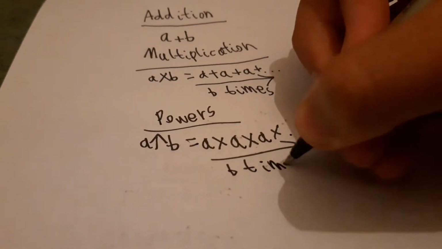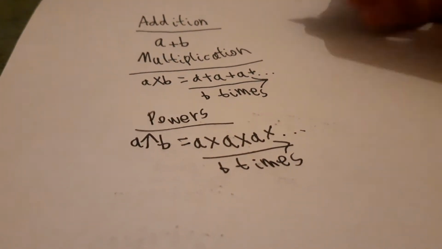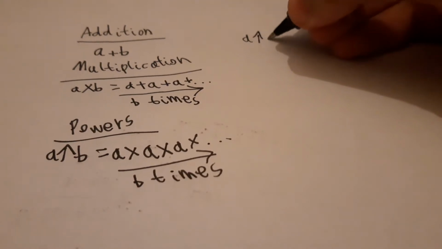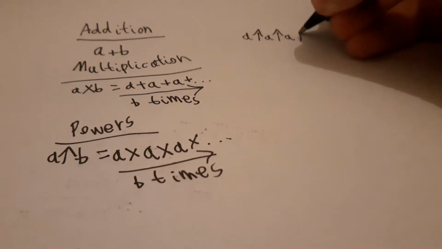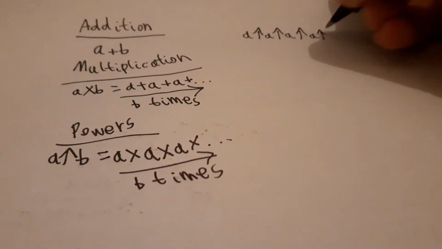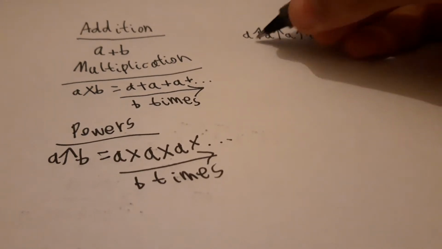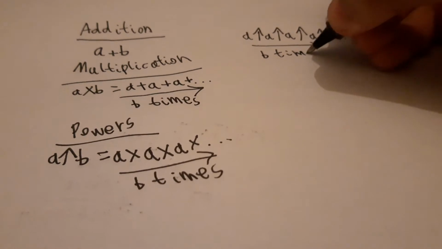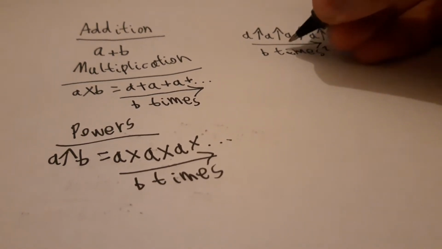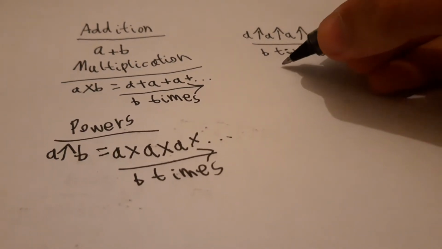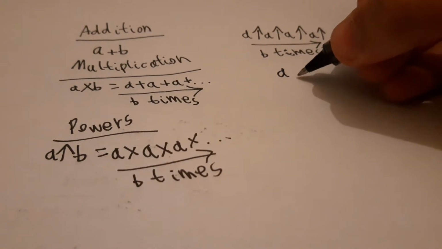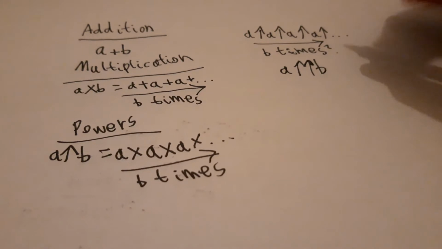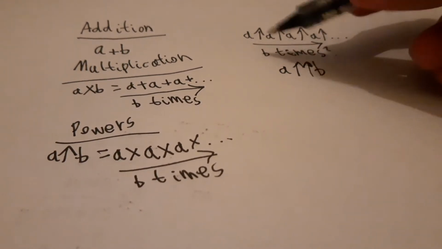Now, what if you wanted to write A to the power of A, to the power of A, to the power of A, and keep going, B times? Luckily, we have a solution to that problem, which is A double arrow B, which is A to the A to the A to the A, B times.